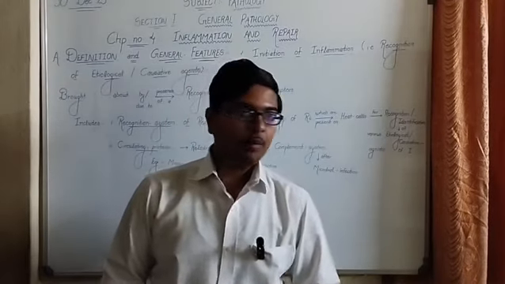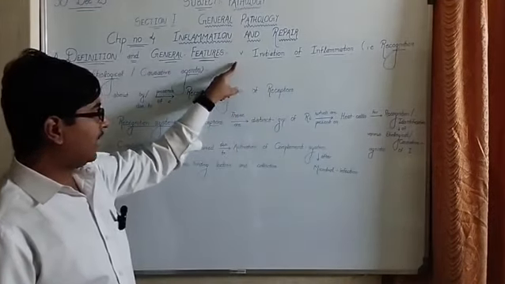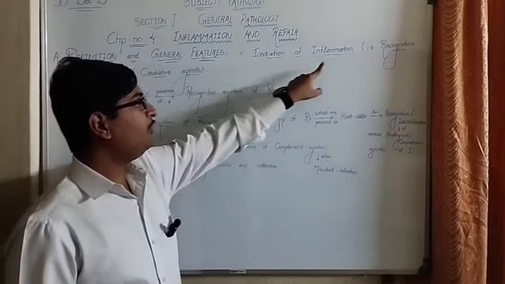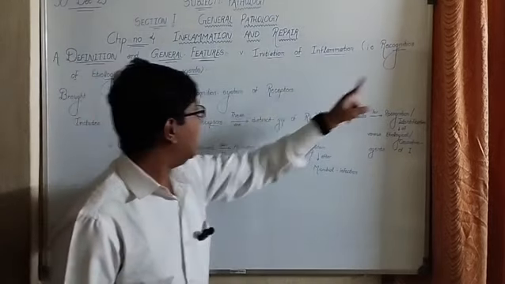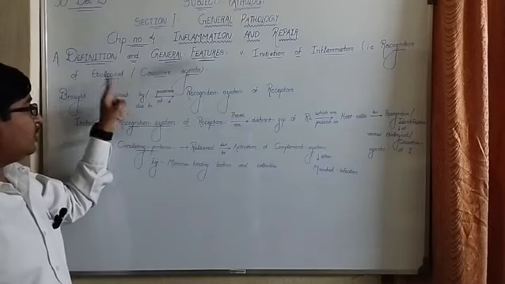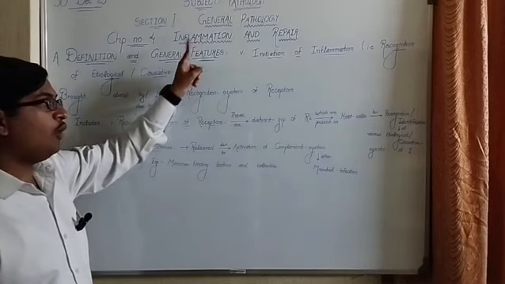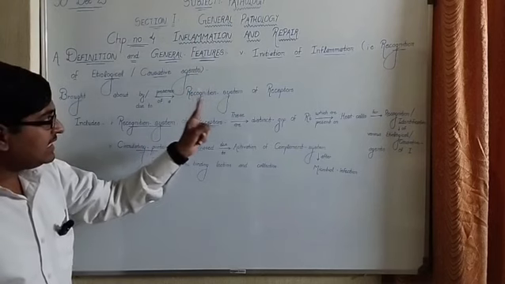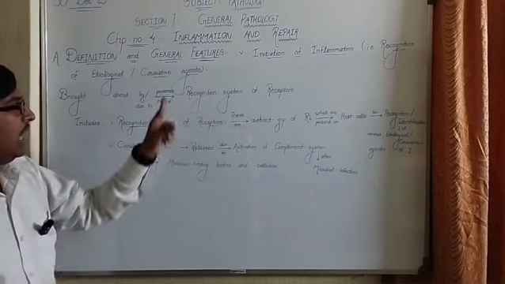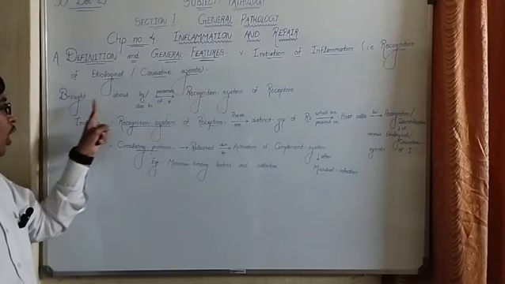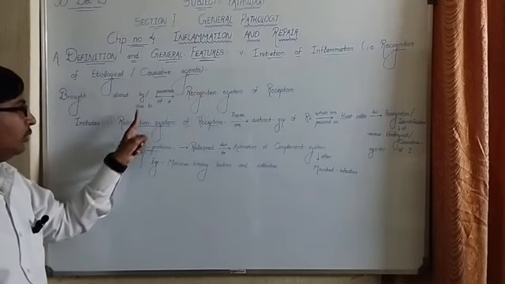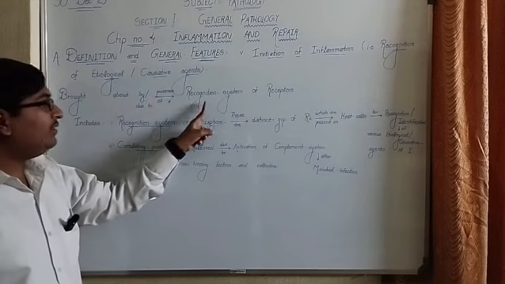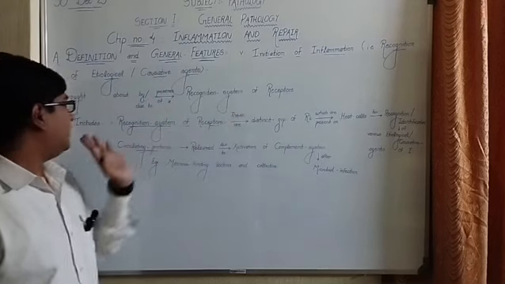Now the last point for today, point number 5, is initiation of inflammation, that is recognition of etiological or causative agents of inflammation. Basically, inflammation is brought about due to the presence of a recognition system of receptors.